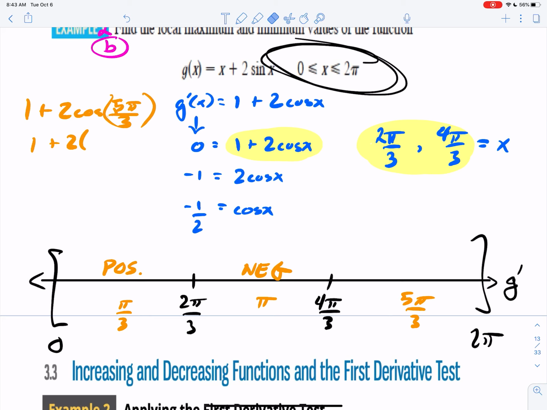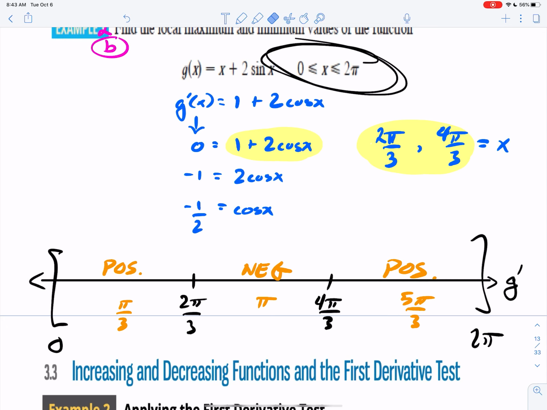I know cosine is going to come out positive. So if everything is positive here, I know that the overall value is going to come out positive as well. That's what I mean by being able to get away with not knowing the overall answer.